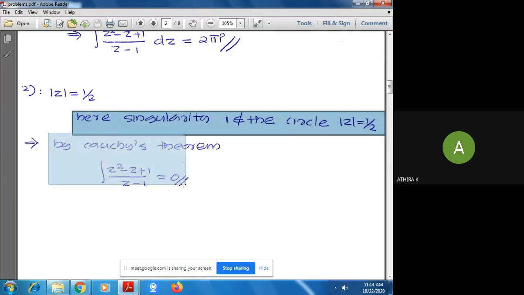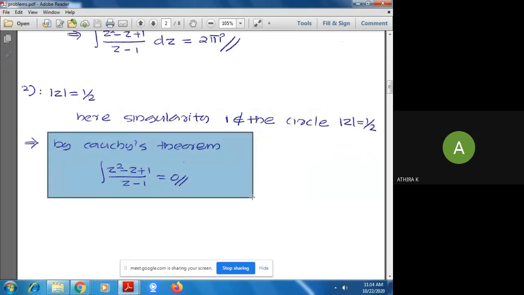This implies by Cauchy's theorem integral z square minus z plus 1 divided by z minus 1 is equal to 0. Is it clear? Please respond. Okay.